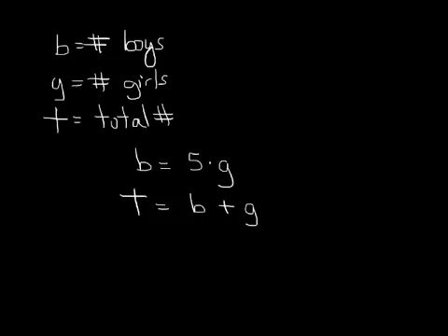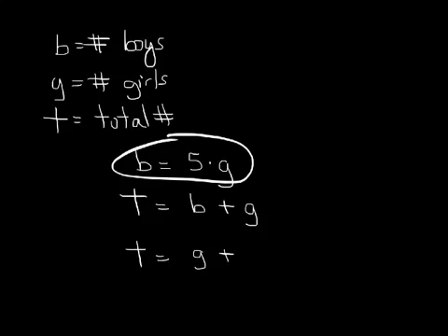What if I wanted to talk about the total number of students, but only use the letter G? Well, G represents the total number of girls. I'm okay on that, but I can't use a B. But look up here at this sentence. The number of boys was 5 times the number of girls.